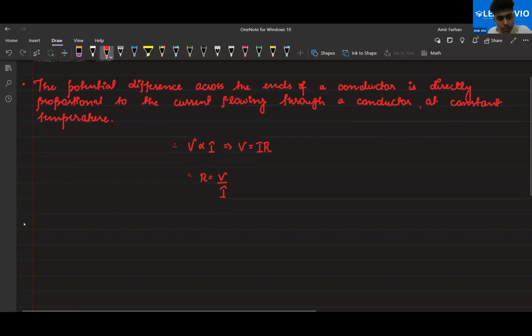Now, see this thing. R is basically a constant that is called the resistance of a conductor.